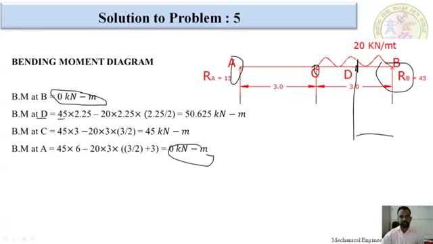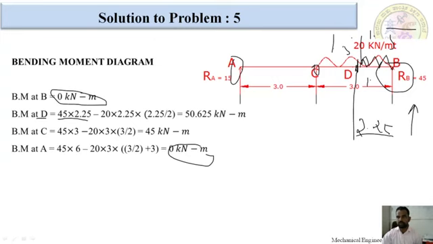First, in the bending moment calculation, the upward force is taken as positive: 45 into this distance, which is 2.25. Minus, this is the load. How much load has happened? 1.5 this distance. Up to here we have studied. This is also a UDL.